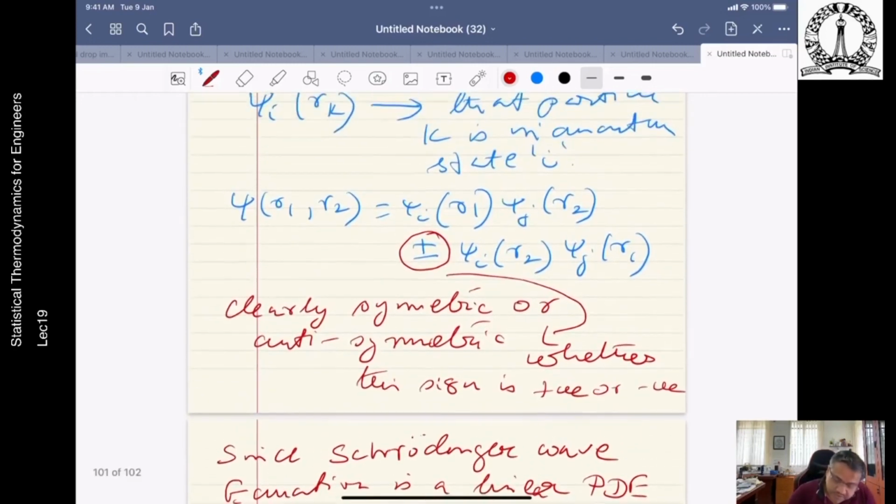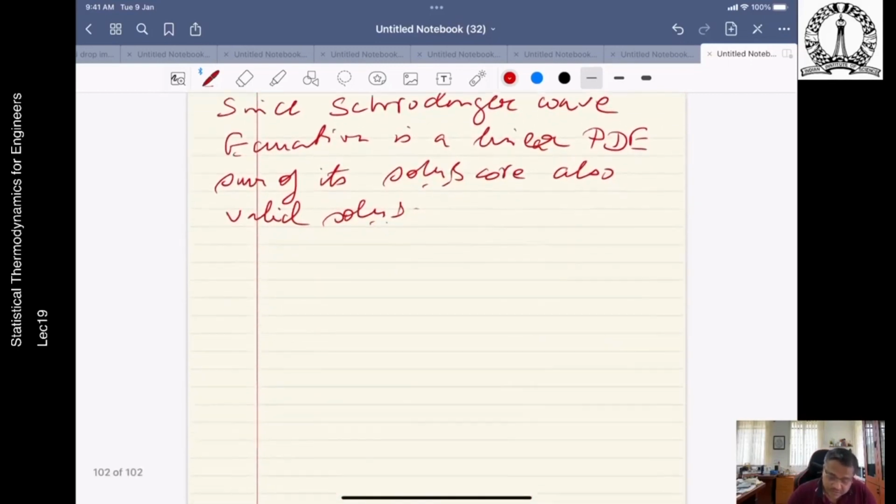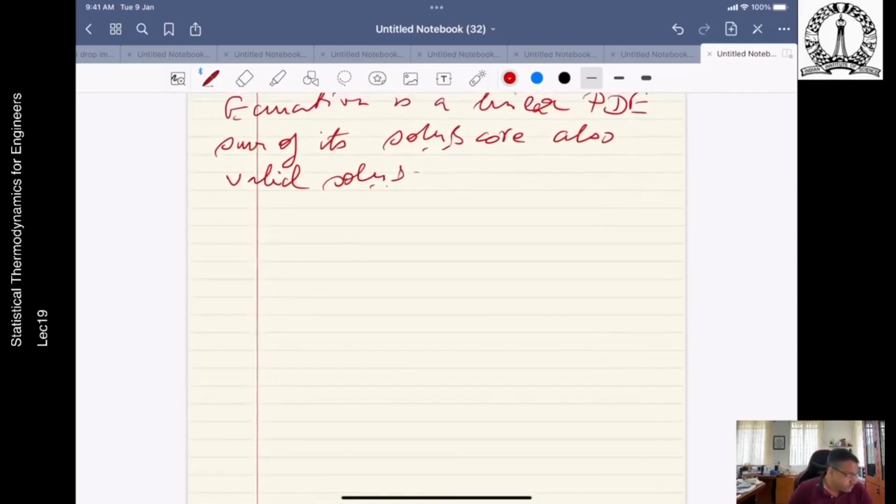This particular thing that we have written is clearly a solution of the Schrodinger wave equation. So this equation satisfies the parent wave equation plus any symmetry requirement that you might have.